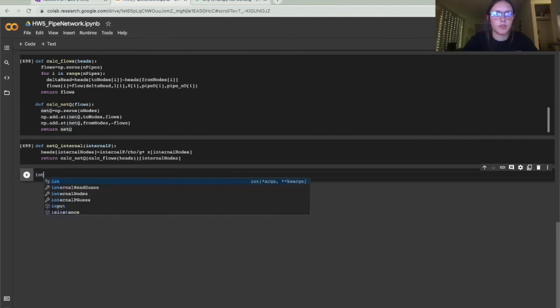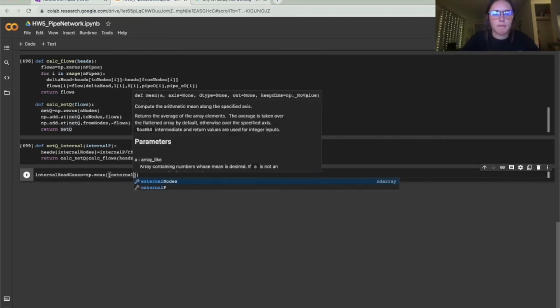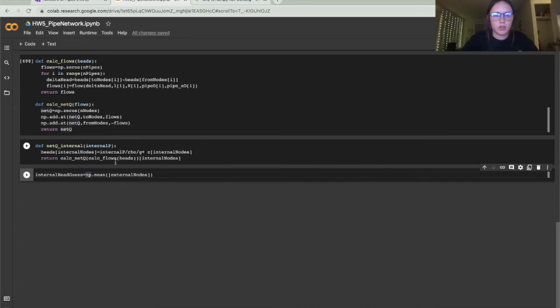So we're going to name that internal head guess. And this is going to be equal to, we're just going to take the mean of the heads of the external nodes.